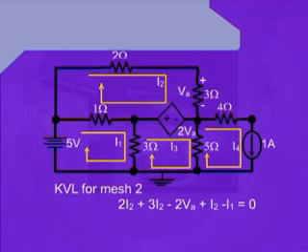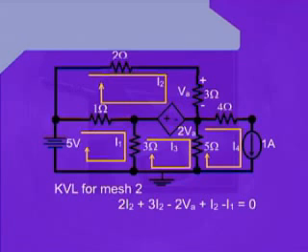Therefore, we write 3 times I2. Once again, there is only one current flowing through the 3 ohm resistance. After writing this term as well, we reach the voltage dependent voltage source, which has a value of 2VA. Therefore, we write minus 2VA because the negative terminal of the source is towards us.